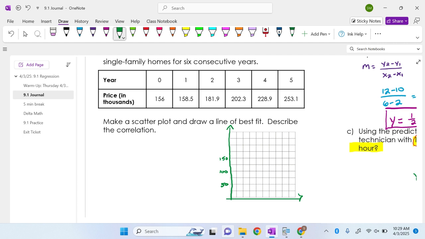So this will be 200, 250, and this would be 1, 2, 3, 4, and 5. So if I plot these points just very quickly, it looks a little bit like this. I'm just taking the points up top, and for time's sake, I'm just going to go ahead and plot them, and y'all can just copy it.